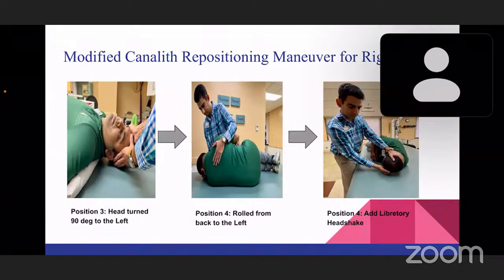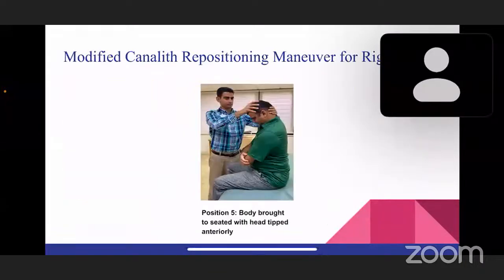Then in position 4, we add a liberatory head shake to move the debris from the utricle into the canal, so that could reduce the dizziness. Then slowly the body was brought to seated with the head flexed anteriorly in the last position 5.